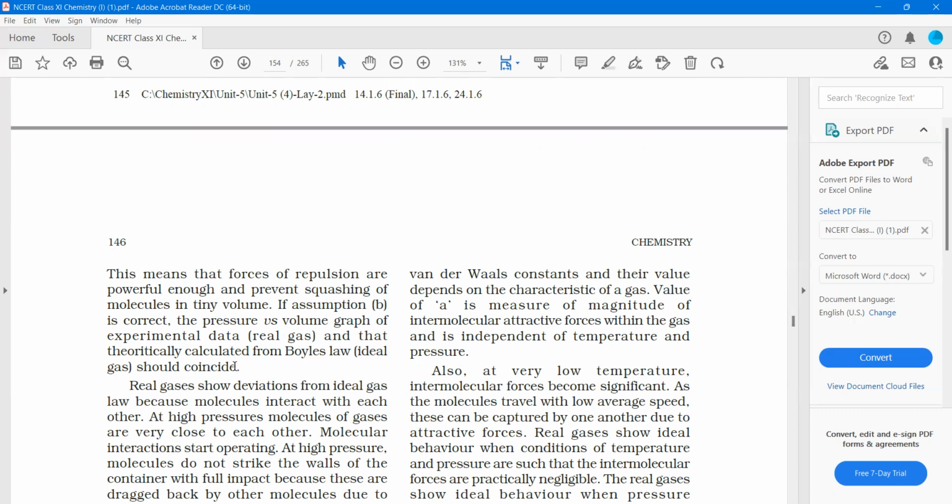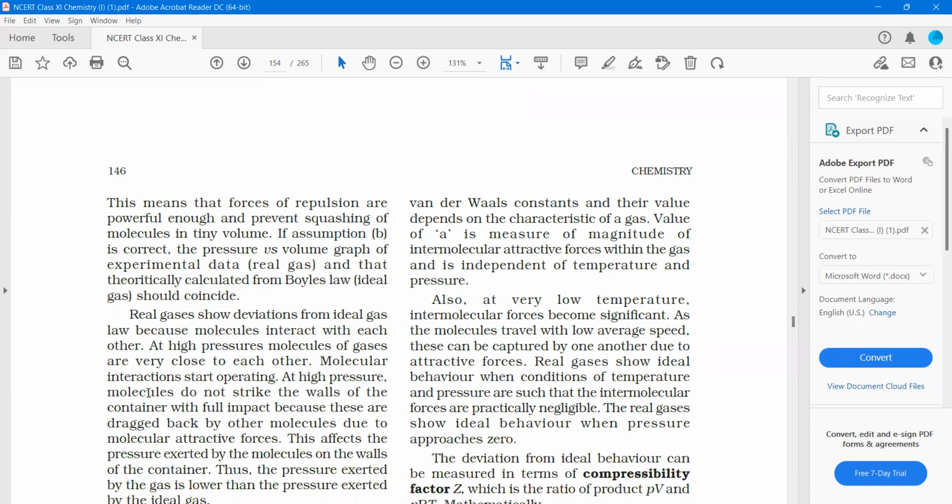P and V, right? The pressure and volume relationship, if we see at constant temperature, then ideally the real gas should coincide with the ideal gas behavior, but it is not coinciding, right? So real gases show deviation from ideal gas laws because molecules interact with each other in the real sense.